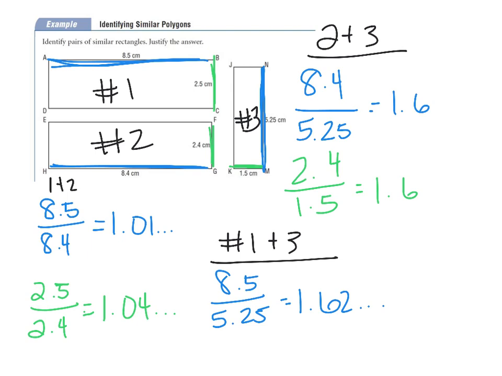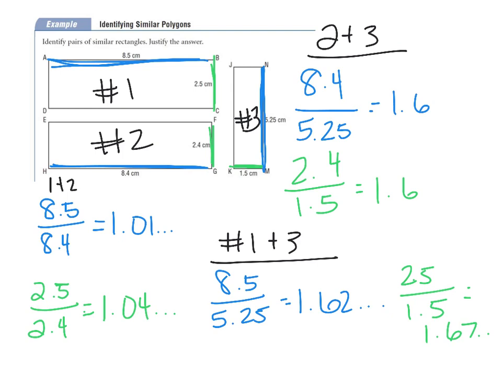Our green sides will be 2.5, running out of room, divided by 1.5, and that gives us 1.67 something. So those two scales are not the same. So we would say that numbers 1 and 3 are not in proportion. So the only two rectangles that are proportional or similar would be rectangles 2 and 3.